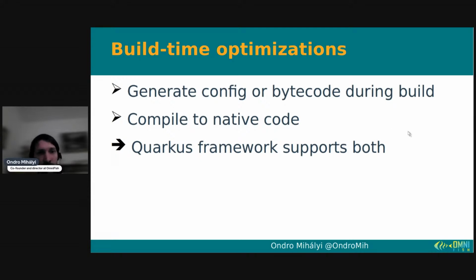And another way is to optimize also the Java code. So this is another step where you basically optimize what the JVM compiler does during runtime, and you do it before.